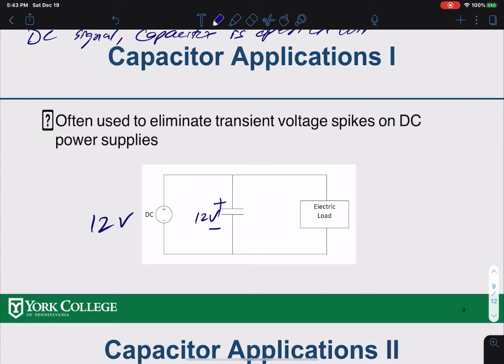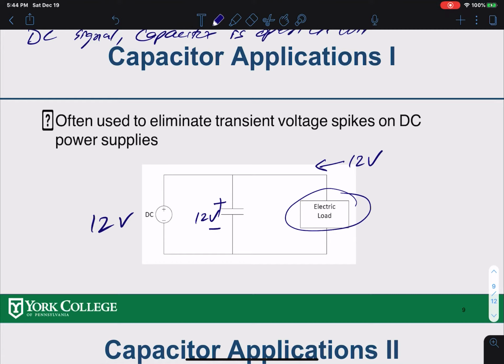You cannot go from 0 to 12 volts instantaneously, or 12 volts to 0 instantaneously. So if we're supplying an electric load and we have a capacitor across it, even though the input might change, the output will always be close to 12 volts. That means it acts like a shock absorber in your car.